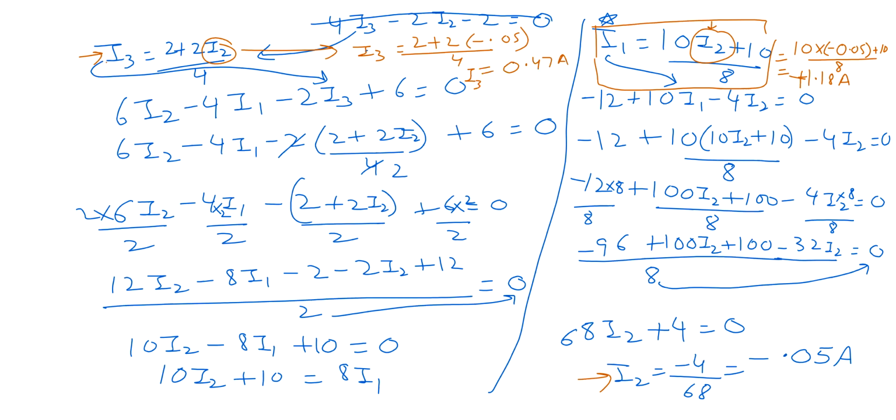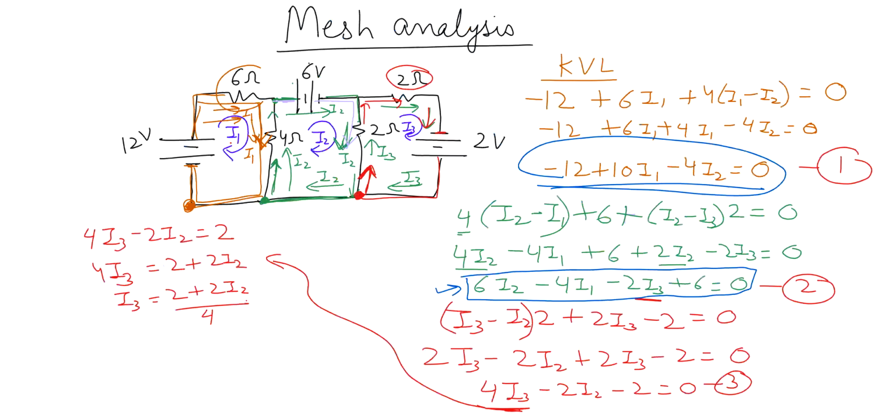If the question says you need to find out current in each resistor, so in 6 ohm resistor, what current is flowing? Only I1 is flowing. So let me clean this up a little bit. So in 6 ohm resistor, only I1 is flowing, right? So this was I1 current.